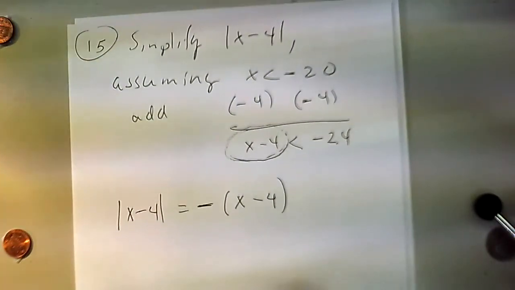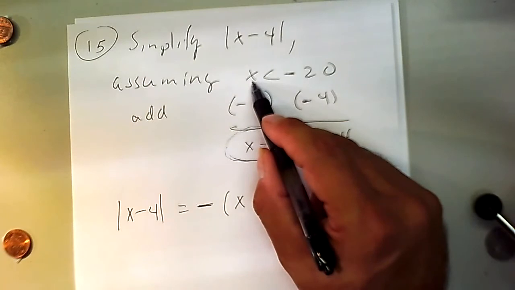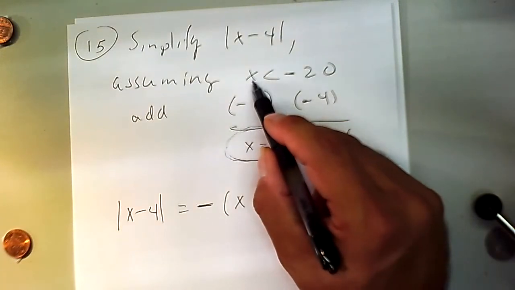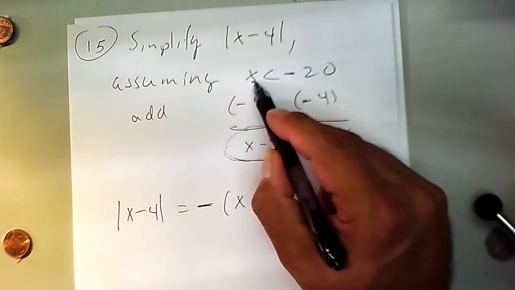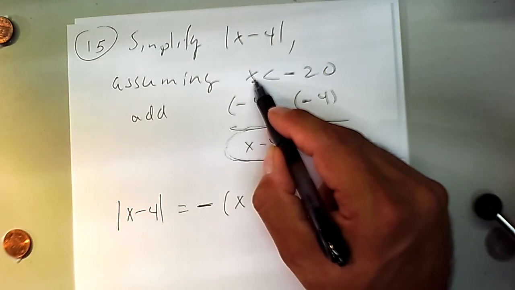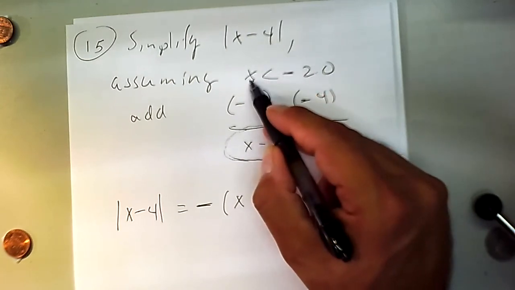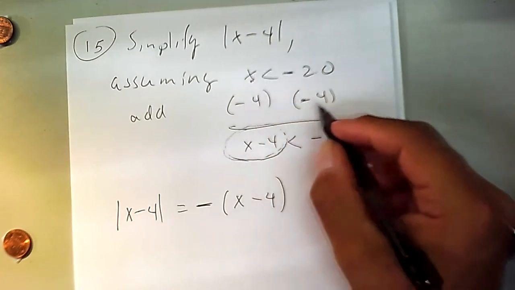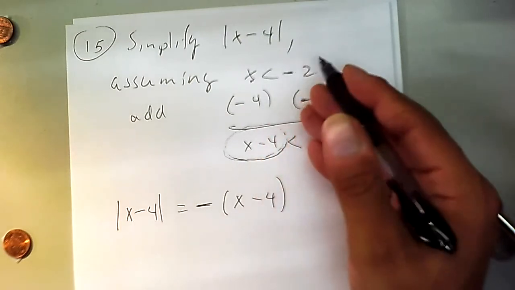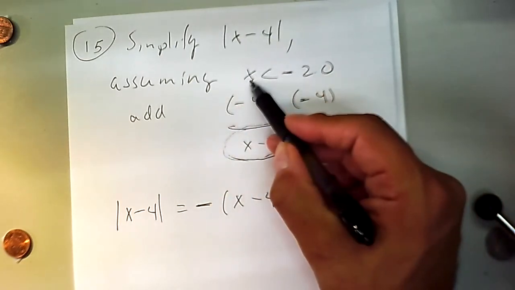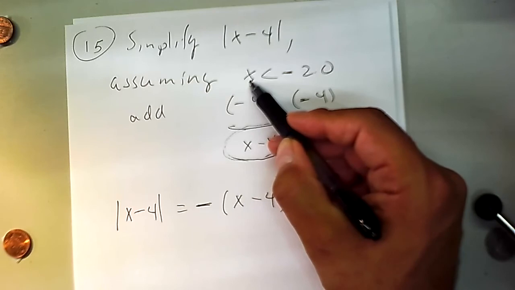Yeah. So do we know the value of X? No, I only know that it is less than -20. So it could be -30 or -21 or -20.1. If we take away 4, that's going to be even more negative. Let's say this is negative 30 as an example.